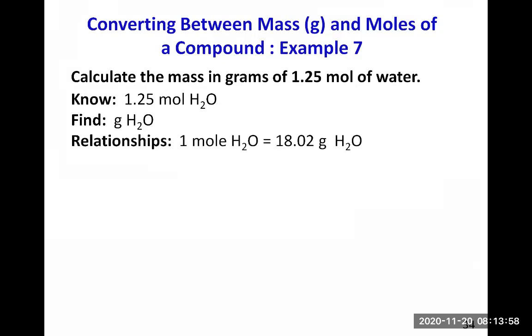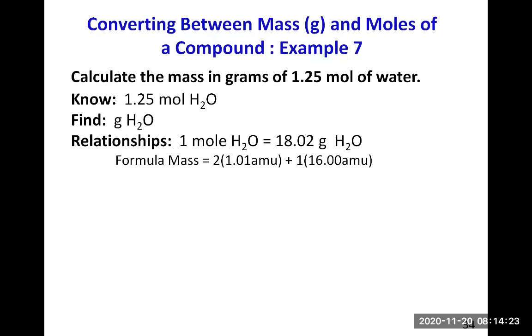Let's look at how we do this. You take the mass of a hydrogen atom, 1.01 atomic mass units, multiplied by 2, because there are 2 hydrogens in the molecule of water, plus 1 times the atomic mass of oxygen, 16.00 atomic mass units.